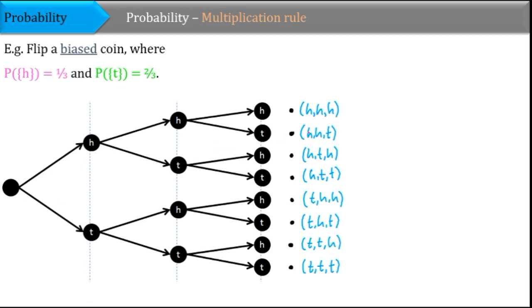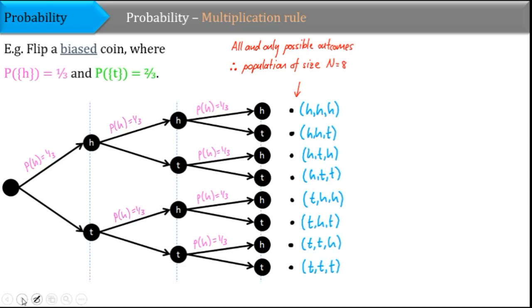We still have the same outcomes. That's multivariate. We still have a population. But now, when we assign probabilities of heads, it's going to be 1 over 3 for all of them. When we assign tails, it's going to be 2 over 3 for all of them.